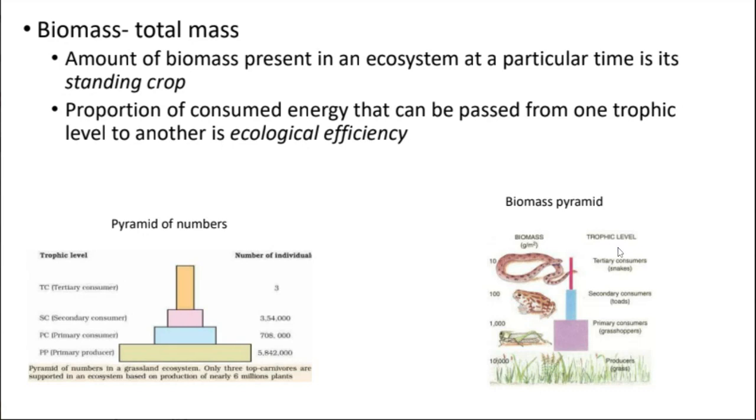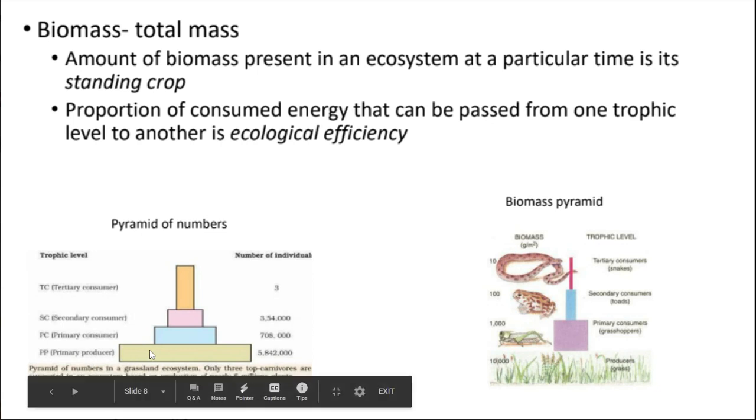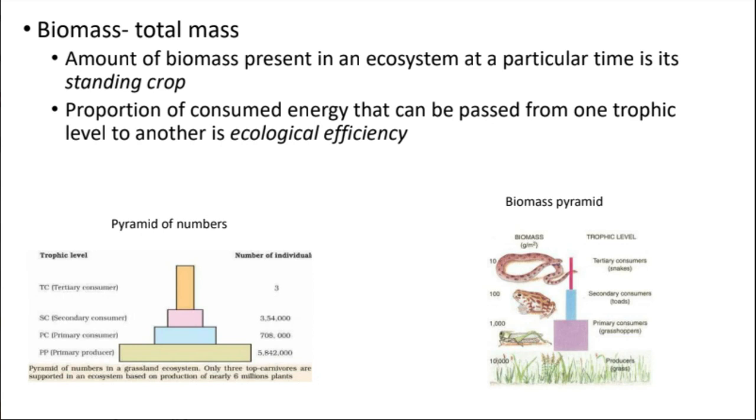So, like I said, when producers undergo photosynthesis, about 90% of that energy from the sun is going to be used for cellular respiration. That glucose that's being made is in turn used for cellular respiration. Only about 10% of that organic matter becomes part of that organism, and that makes up the biomass.